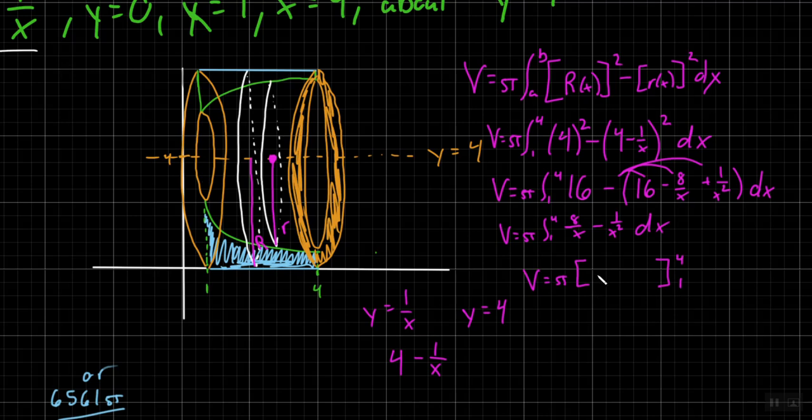So, it should have been 8 ln of x minus what? Yeah. So I like negative exponents for these. So I always put them as negative exponents. So, what do we get as an answer? When we go step by step? We might have to continue.